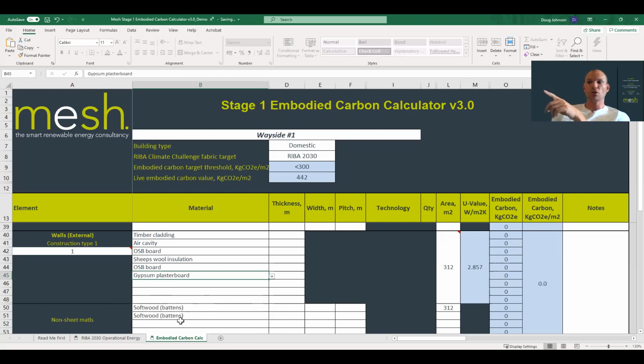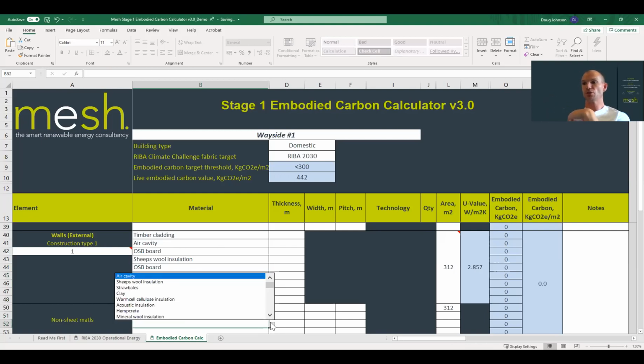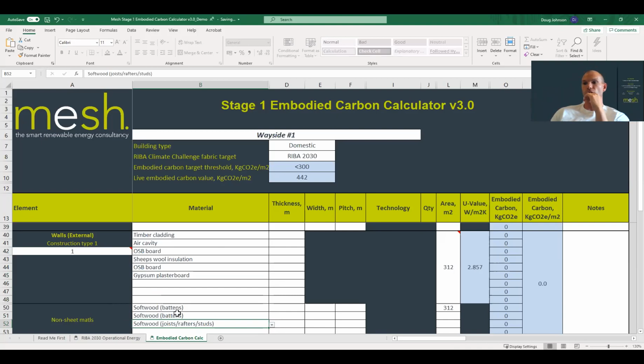The one thing we haven't got is our joists. So let's put in joists, which go in between the sheep's wool. So you've got your sheep's wool in between joists in the middle. We've got softwood joists and rafters. So we've got all the fundamental building blocks here. The timber cladding, let's say that's 10 millimeters thick. The air cavity, it doesn't matter how thick the air cavity is. Regardless of what number you put in the air cavity, it won't affect the U value, so let's leave that blank.